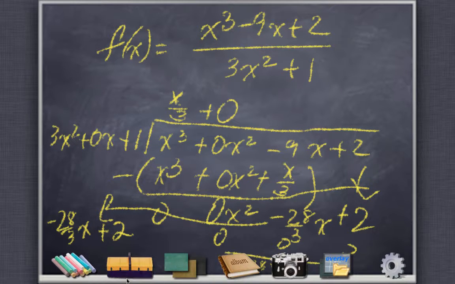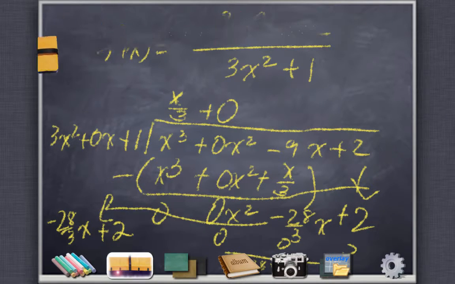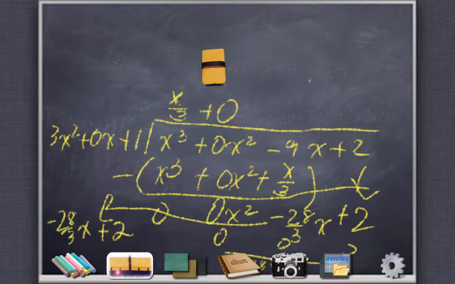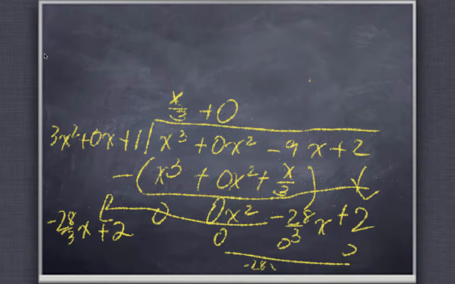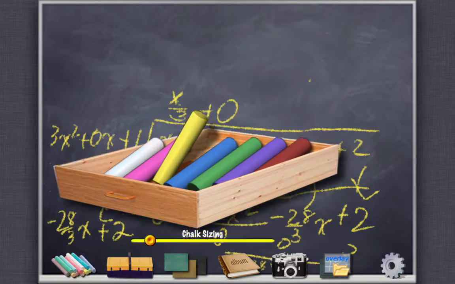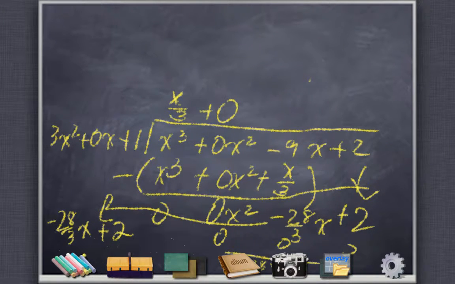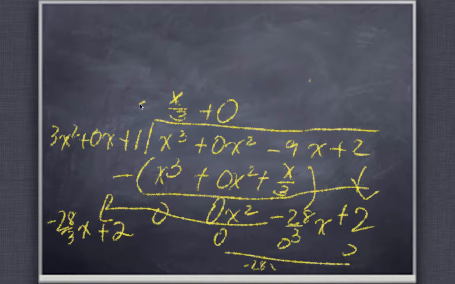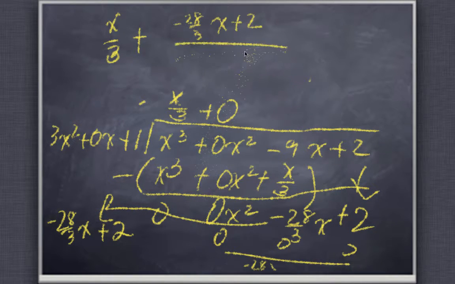So the point then is that I could have rewritten the original function, the original division, as x over 3 plus negative 28 thirds x plus 2 over 3x squared plus 1.